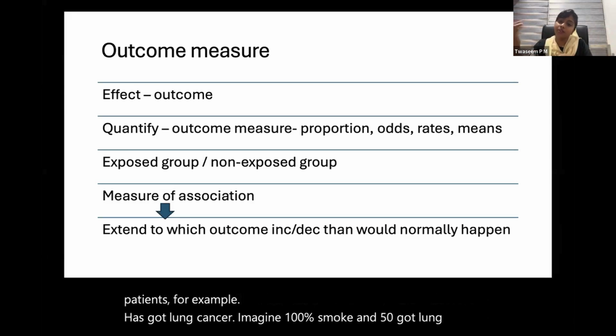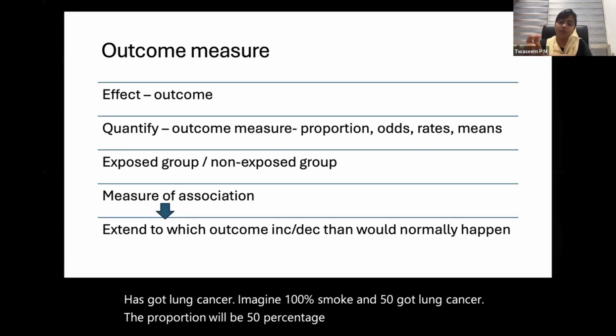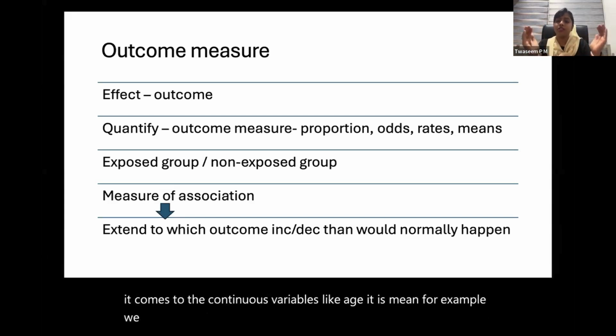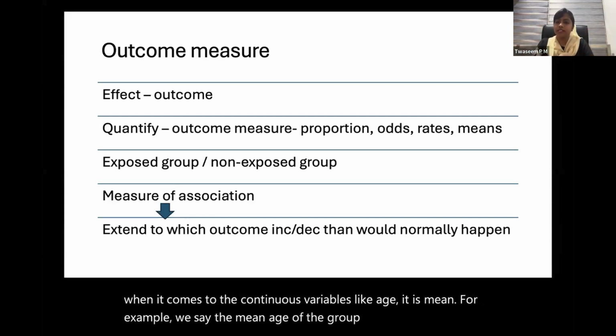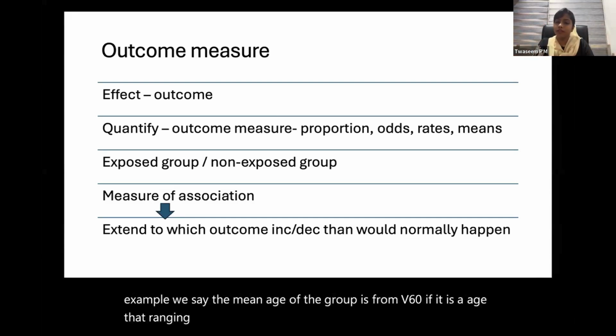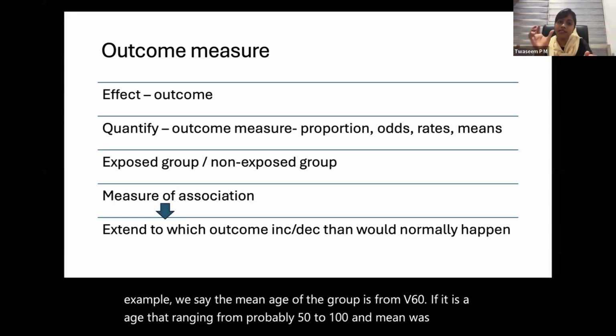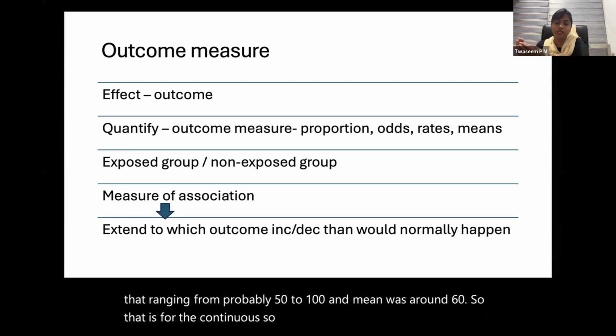The proportion will be 50%. When it comes to continuous variables like age, it is the mean. For example, we say the mean age of the group is probably 60, if the age ranges from probably 50 to 100 and the mean was around 60. So that is for the continuous. That is an outcome measure.